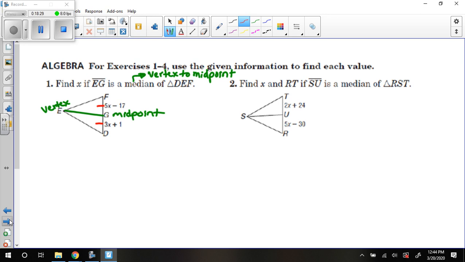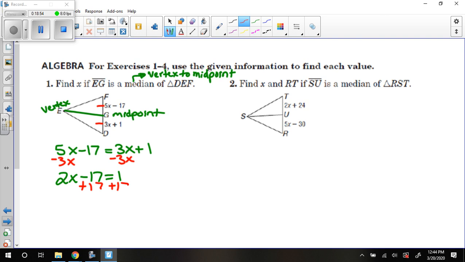We are able to set up an equation based on this information. I know those two pieces are equal, so I can say 5x minus 17 is equal to 3x plus 1. And I can solve. Subtract the 3x. We get 2x minus 17 equals 1.